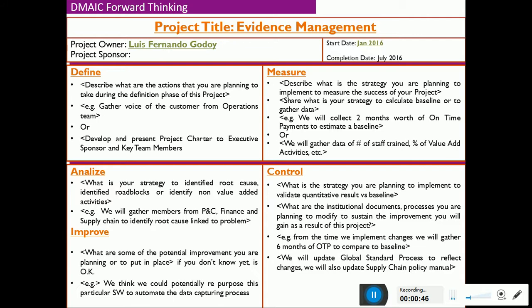The reason I think this is really important is because we have to develop this ability to connect the different actions that we're about to take to resolve a problem or to accomplish an objective with the different phases of the methodology.